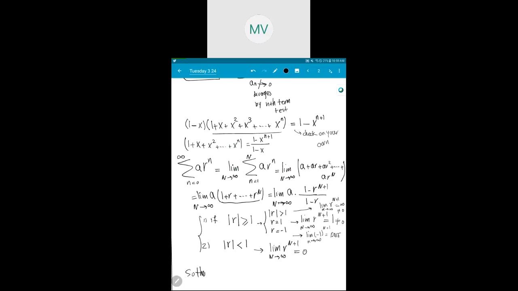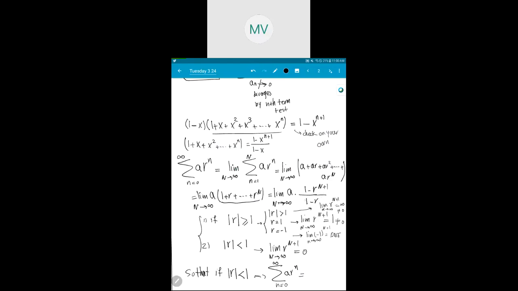So if the absolute value of R is strictly less than 1, let's continue with this. The sum of A R to the n from 0 to infinity was this limit.